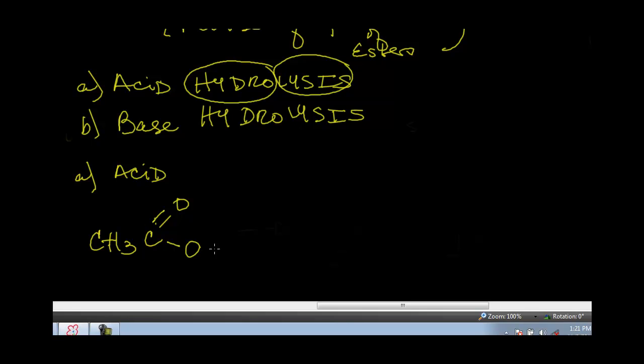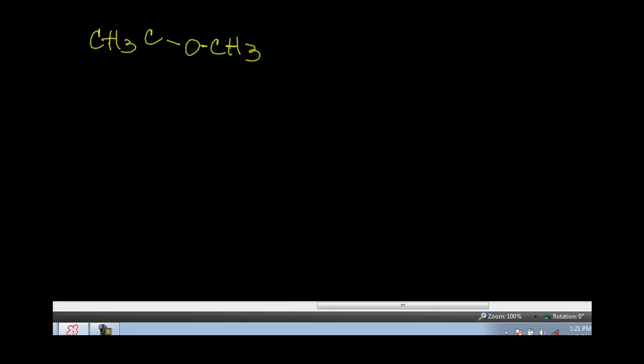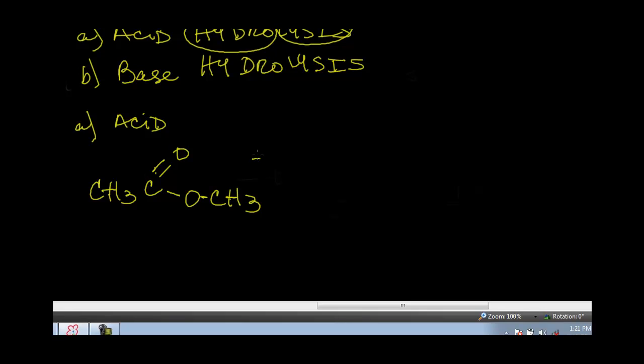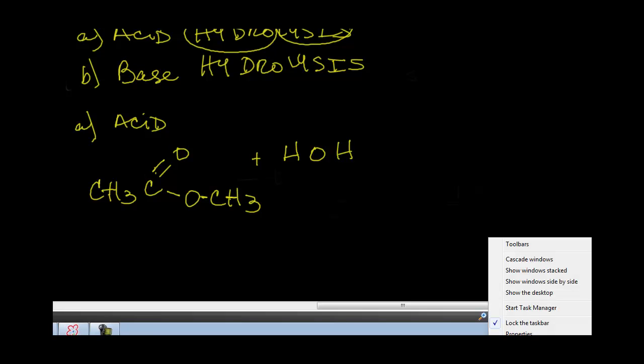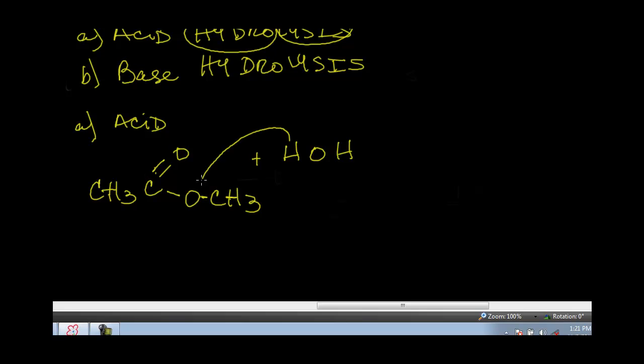One color? Gutsy guys, good. Okay, so that's my ester, yes? And I am going to add water. Plus water. HOH. And where is the H going to go? To the O. And where is that OH going to go? To the carbonyl group. So go ahead and write that as your products.